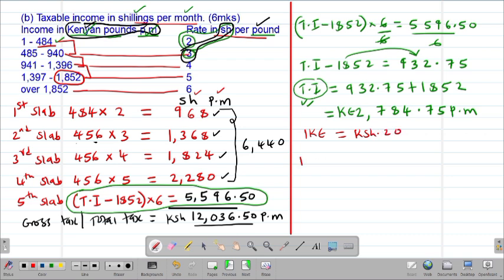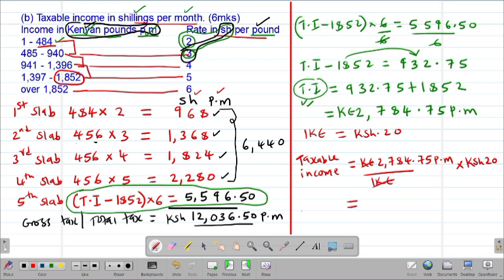Therefore, our taxable income in Kenya shillings per month will be equal to 2,784 and 75 Kenyan pounds per month, divided by 1 Kenyan pound, then multiplied by 20 Kenya shillings, so that the pounds cancel out.